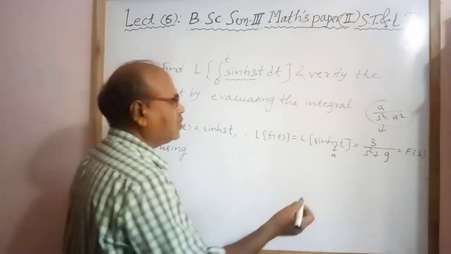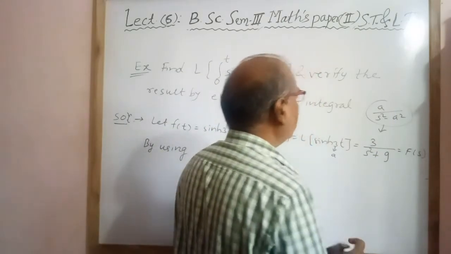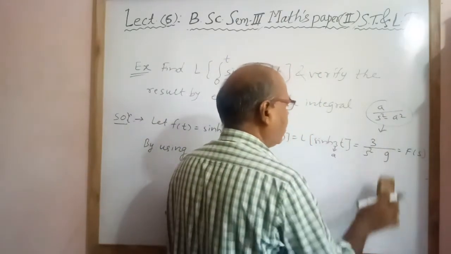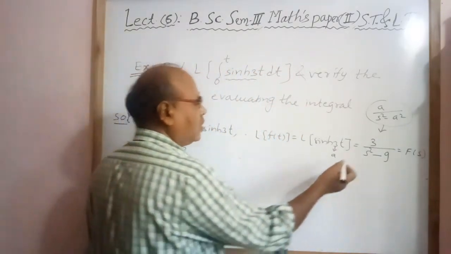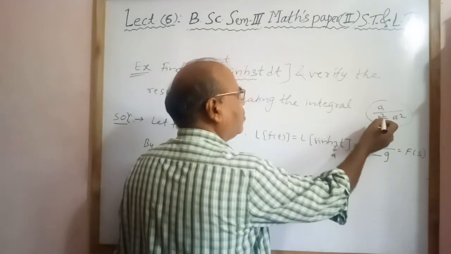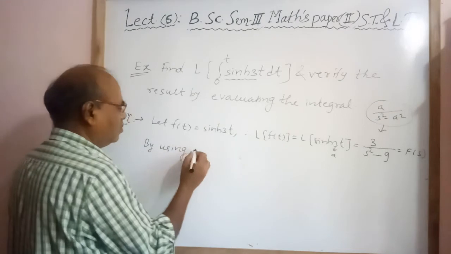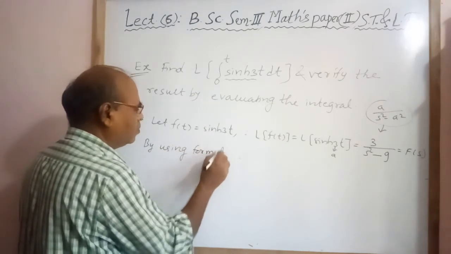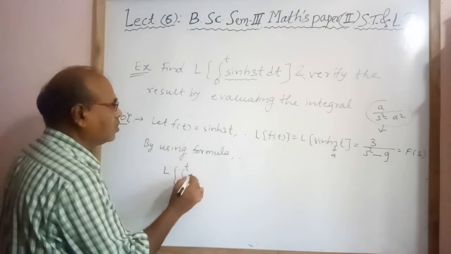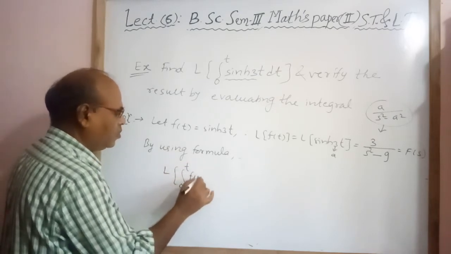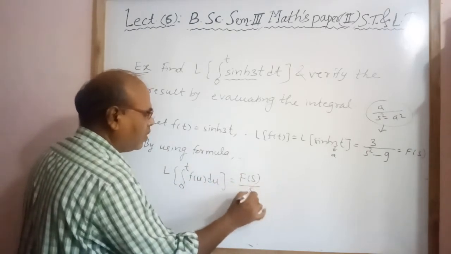Now in the book there is a mistake. The formula for hyperbolic has a minus sign. In the book they wrote s square plus 9, but by the formula it is s square minus 9. By using the formula, Laplace transform of integration 0 to t f of u du equal to F of s divided by s.